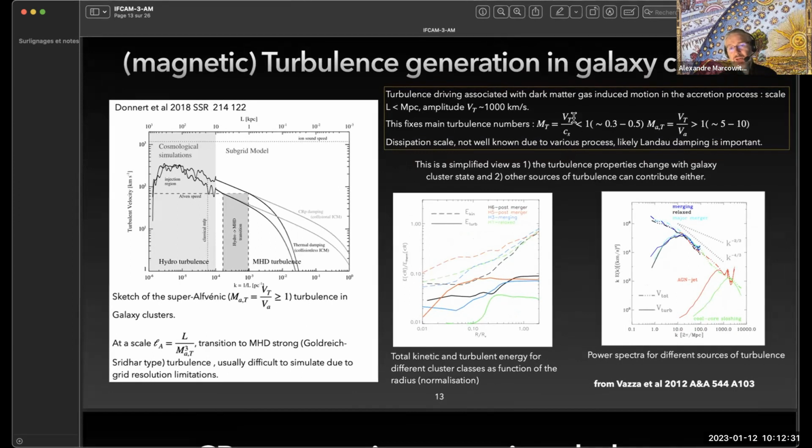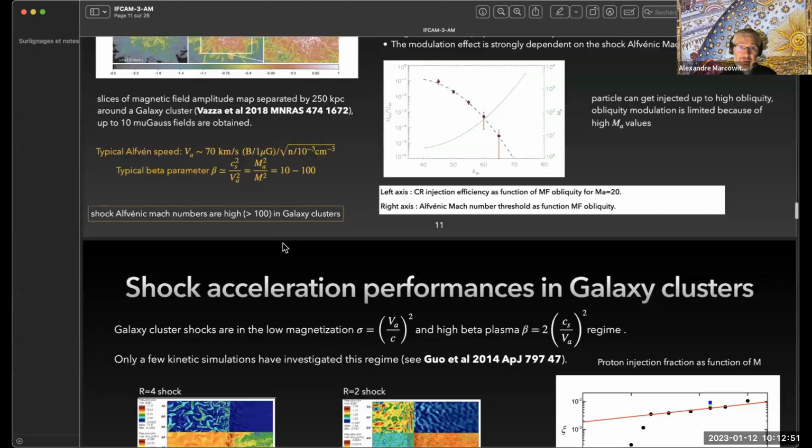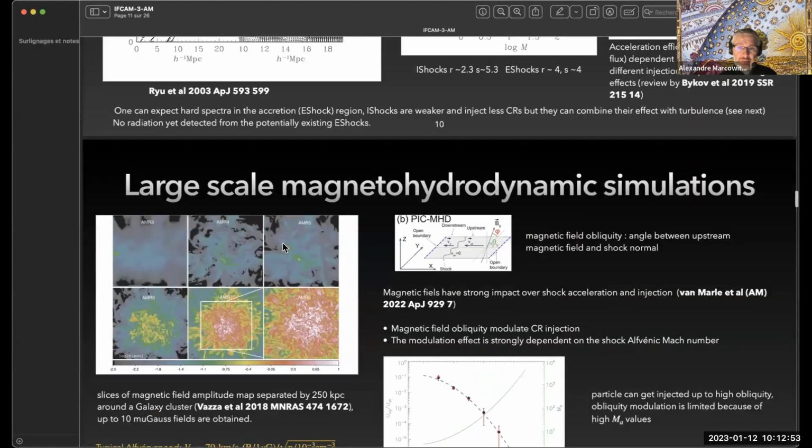They cannot have a very high Mach number, because you see that at least the turbulence in this cluster is at low sonic Mach number. But I don't know exactly the way you can produce them. It's not so clear.